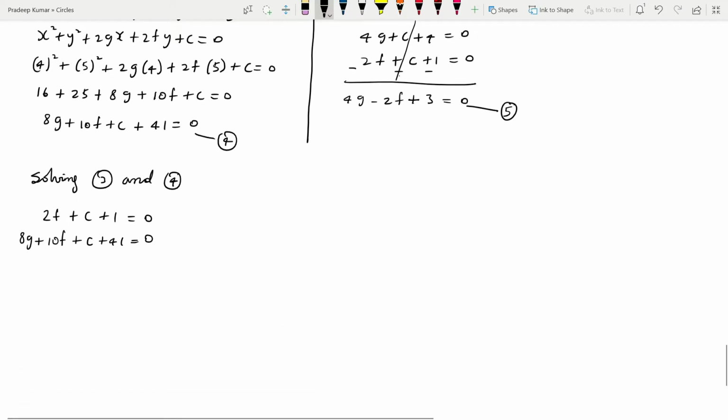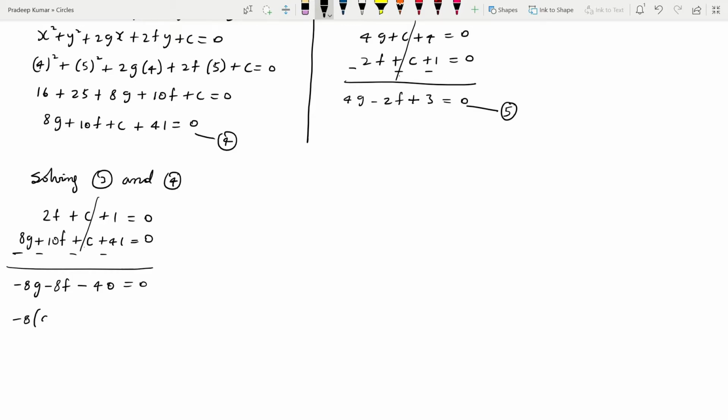So now if we just change the signs, let's see what we get. Okay, so we remain with minus 8g, whereas plus 2f minus 10f, so we remain with minus 8f, and plus c minus c gets cancelled, plus 1 minus 41, so we'll be getting minus 40 equal to 0. Here I can just take minus 8 common.